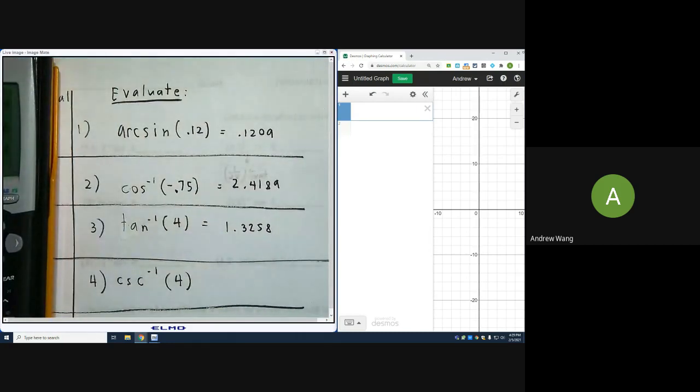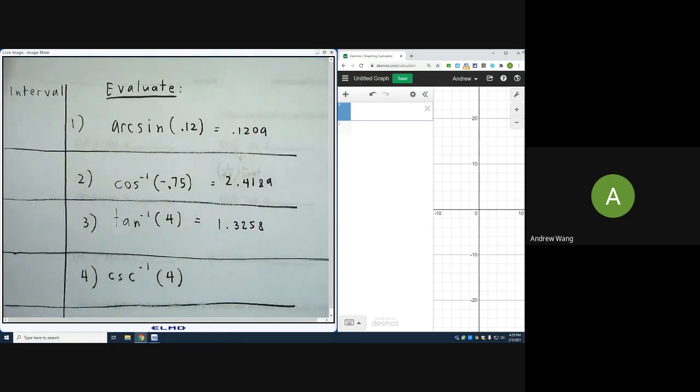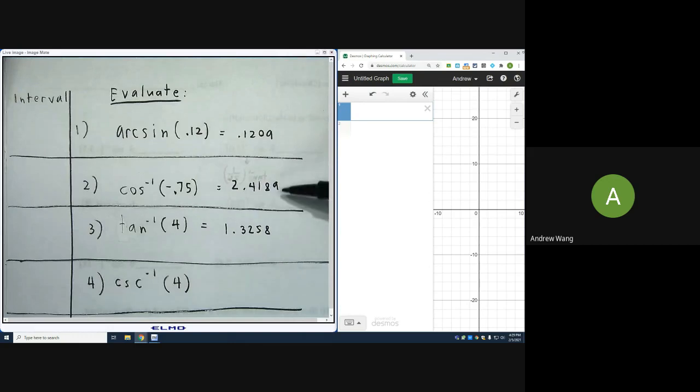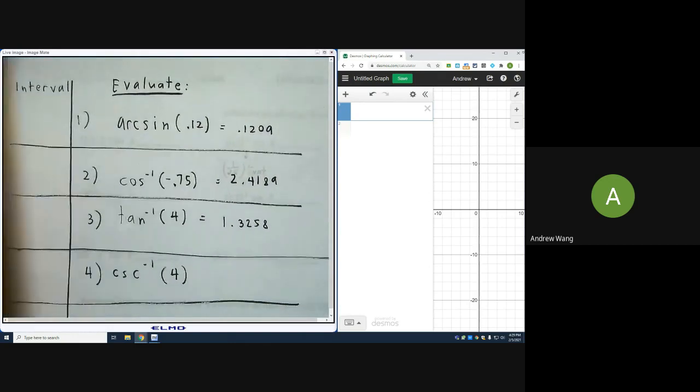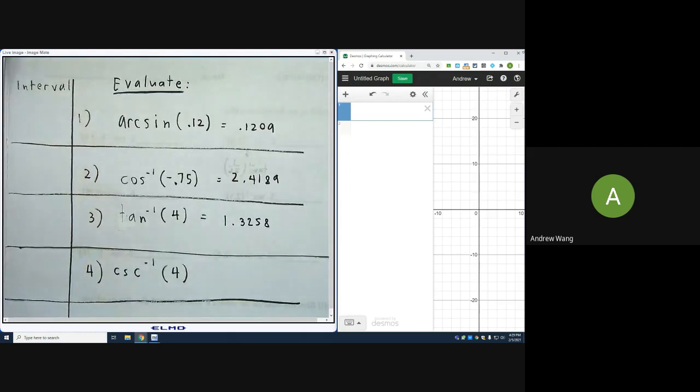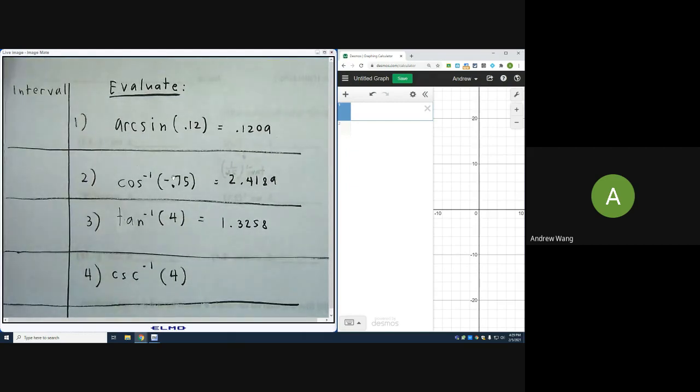All right, now that's the easy section. For regular sine, cosine, and tangent, it's as simple as going to your calculator and typing in sine inverse. Now, if you're using Desmos, you can do these as well. You can see I have Desmos over here. But instead of typing in the -1, just always use arc.